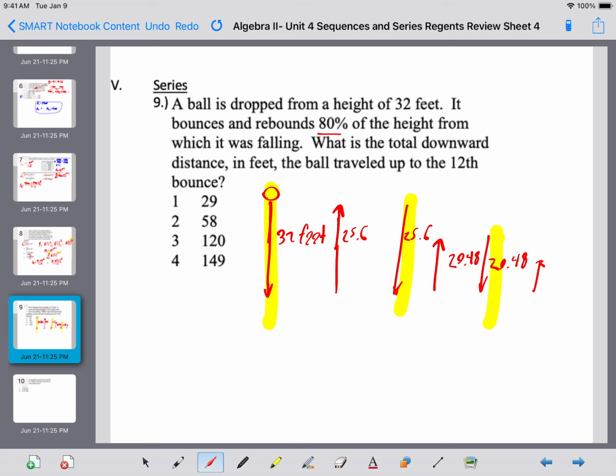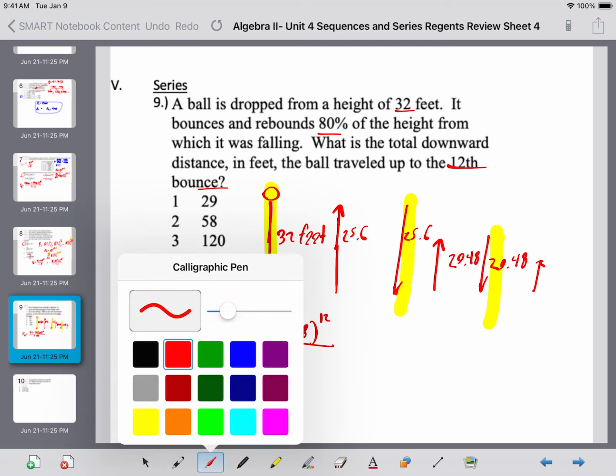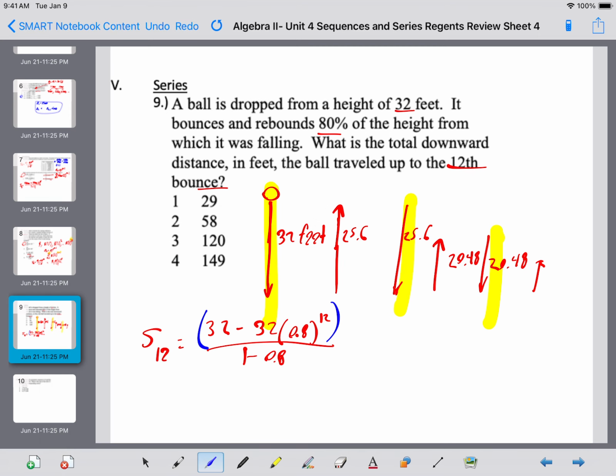So there's two things you could do. You could use your geometric series formula up to the 12th bounce. So S sub 12 equals A sub 1 is 32. Common ratio we said was 0.8. To the n is 12 because we're going to the 12th bounce. That will give you an answer. So make sure you put that in parentheses, that in parentheses.